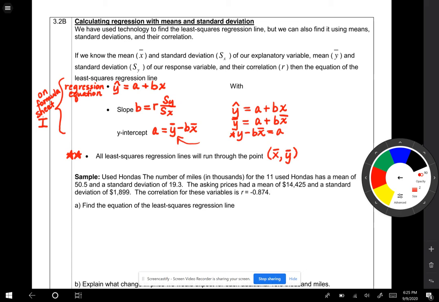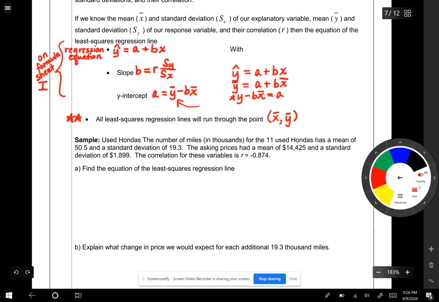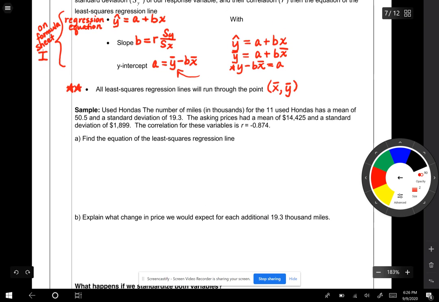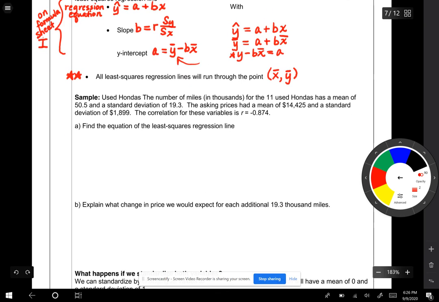So when we know the mean and standard deviation of our explanatory variable x, the mean and standard deviation of our response variable y, and the correlation, then we can work with those and get some equations. So let's go back to our Honda sample.